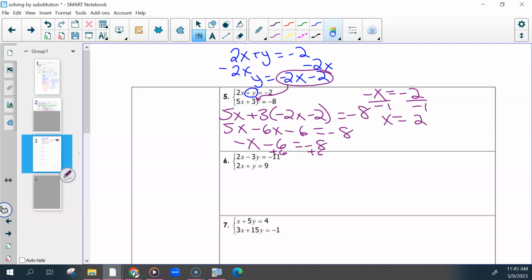Put that value back in for x, and you have multiple choices again. You can put it in either of the original ones, where you have to solve a little bit, or you can put it in the one that's solved for you. I would do that one. It'll be less work.